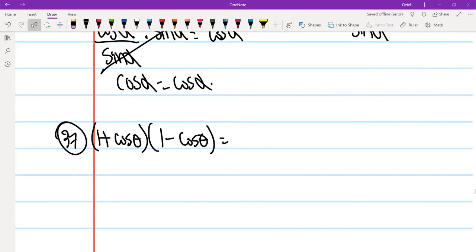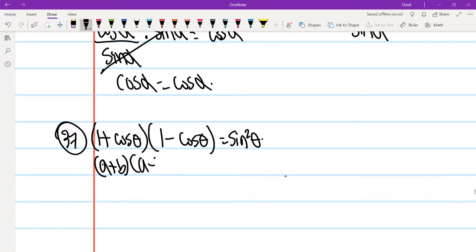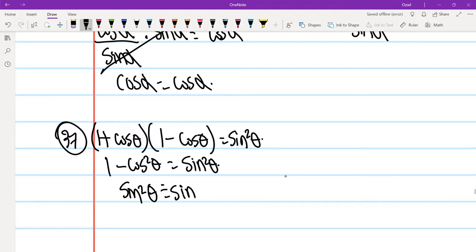So if you know how to do a plus b times a minus b, it's just going to be a squared minus b squared. So you would have 1 minus cosine squared of theta equals sine squared of theta, and you've already verified it because that's what it equals. Sine squared of theta equals sine squared of theta.